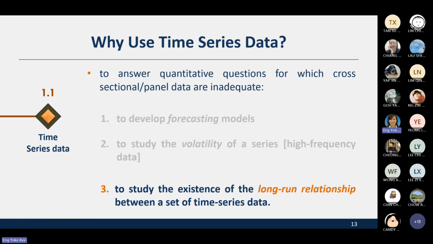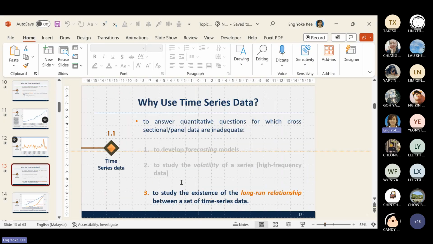And of course, the second theme of our course is to study the existence of long-run relationships between sets of time series data. Okay, because the time dimension does matter in this case, right? So what kind of extra piece of information can we grab? Unlike cross-sectional data, where we can't really examine this, for time series data, yes, we can distinguish between long run and short run.